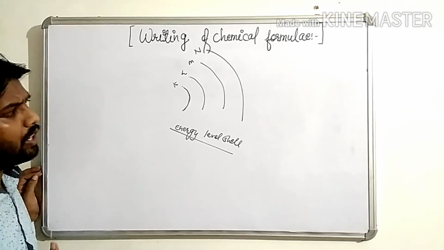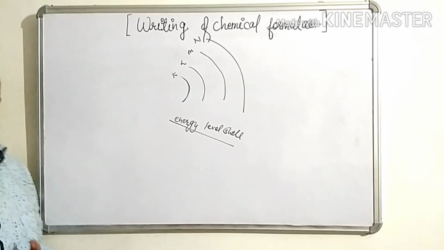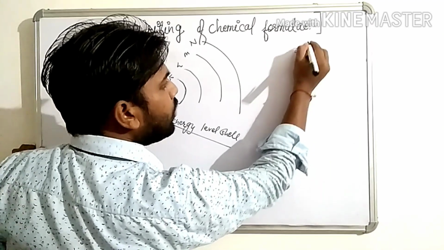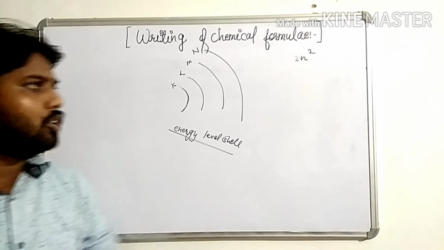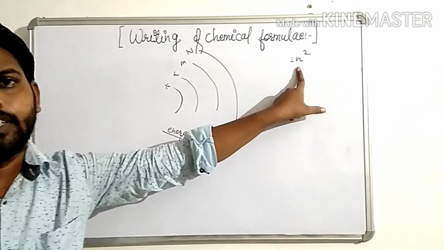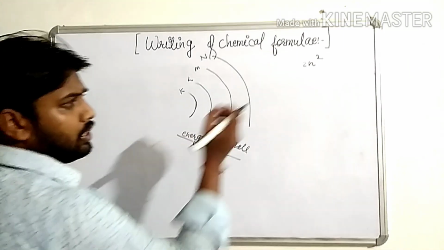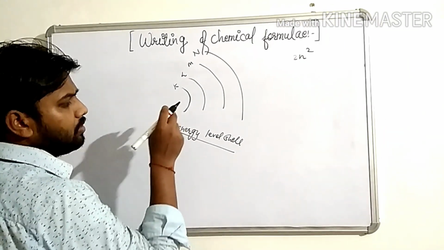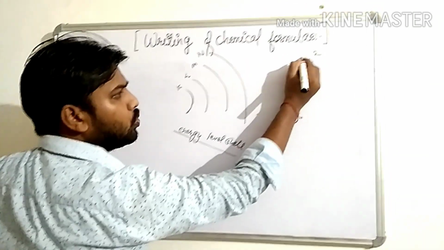Okay, and how many electrons will fill in which shell depends on the formula 2n square. I will tell you about everything in chapter 4, children.